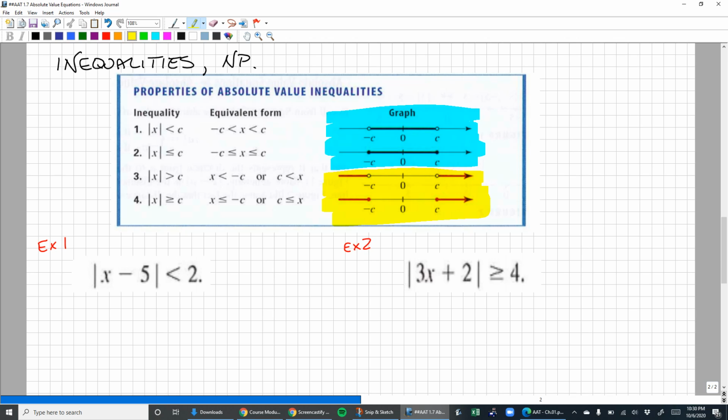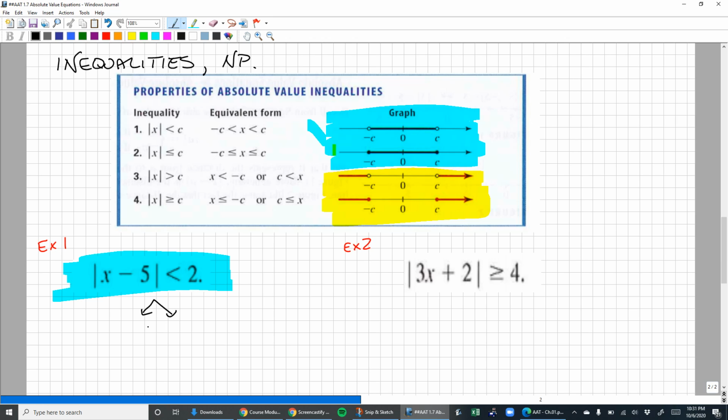Let's take a look at the first one and realize that that is going to fall along the lines of less than. So I know my answer is going to be just like the top values. It's going to have two values on the outside, and it's going to go between the two. Let's find out what those values are by separating them right here.